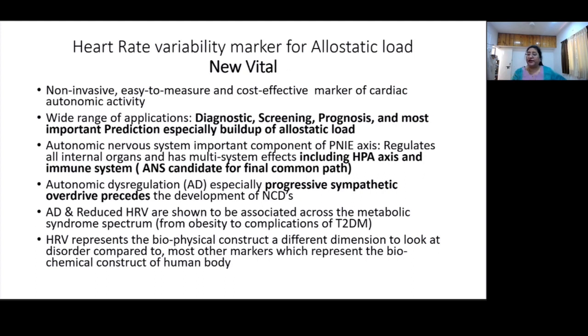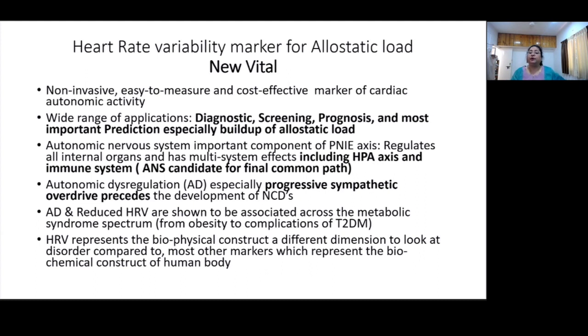So you can call ANS a candidate for a final common pathway for development of many diseases, mainly the NCDs. That's why HRV is a robust and important marker, because it depicts the influence of ANS. Autonomic dysregulation, especially progressive sympathetic overdrive, is known to precede the development of NCDs.